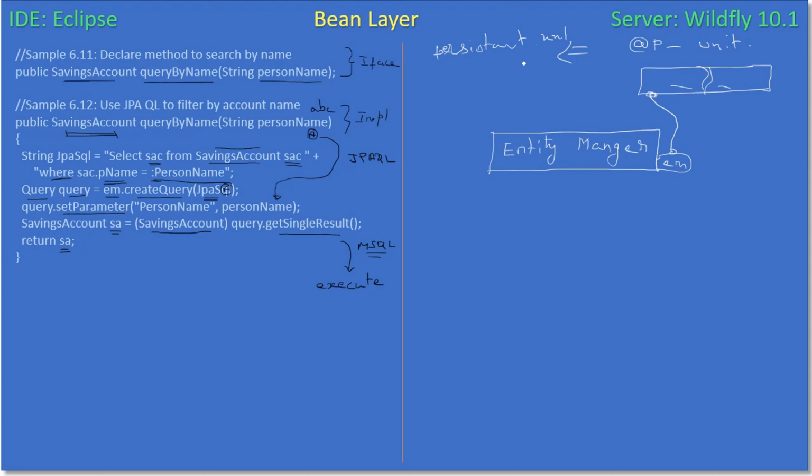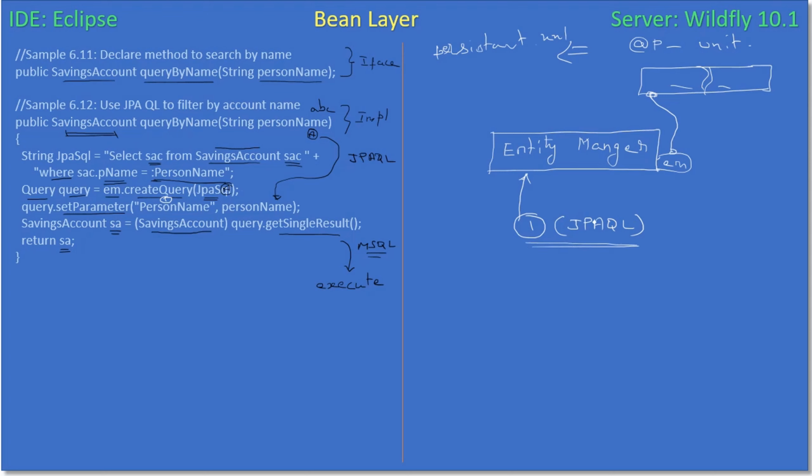In the persistence.xml there will be a persistence unit, and that we refer here, and we create an instance of entity manager. To the entity manager we make a call to the create query method. The create query method takes JPAQL, then it performs the execute.